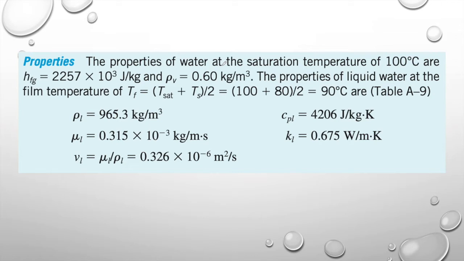Before that, we have to determine what kinds of information need to be extracted from table A9, because we have different types of equations for different types of regime.